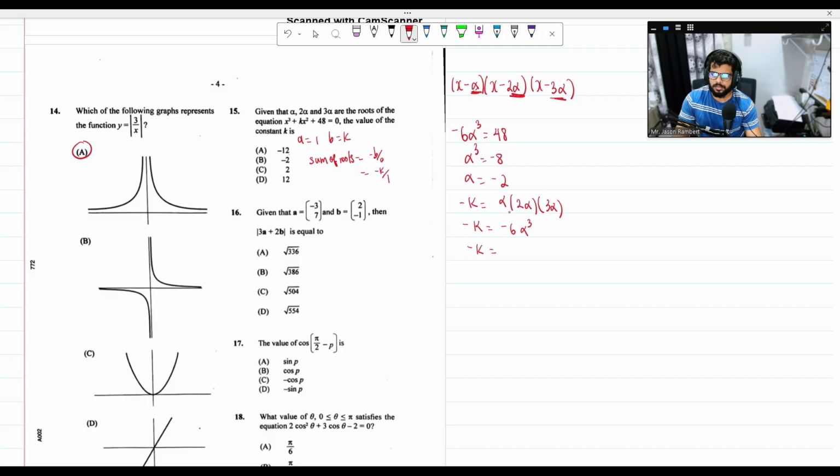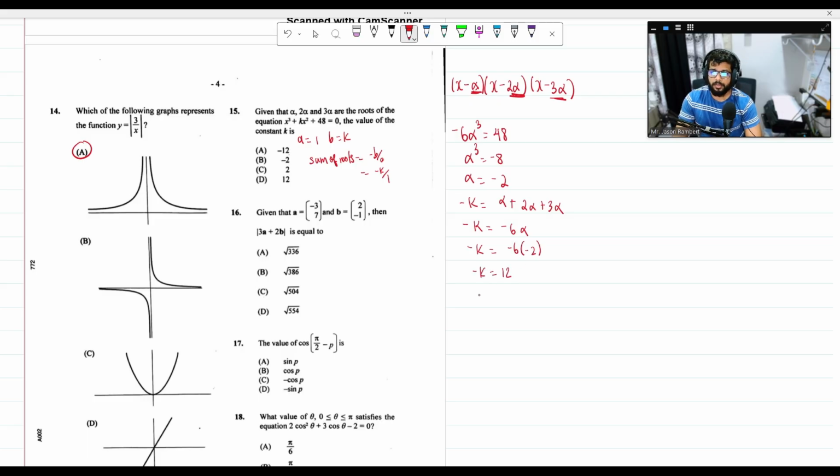3 twos are 6. Oh, sum of the roots, sorry. 6 alpha is the sum of the roots, right? Alpha plus 2 alpha plus 3 alpha. So 6 alpha is equal to k. Alpha is minus 2. Minus 6 into minus 2 is k.